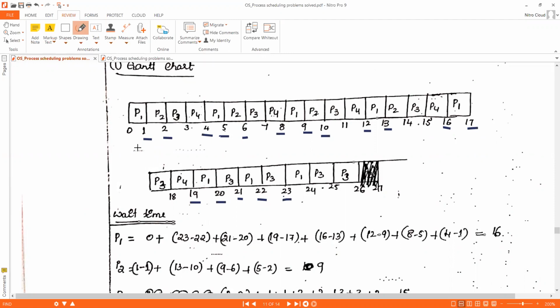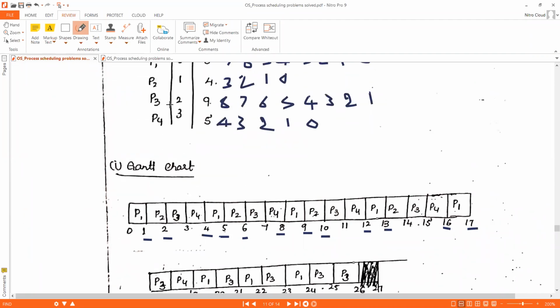Understood this? The first one we should write is the initial allotted time of process 2 minus its arrival time. Initial allotment of process 2 is 1, minus its arrival time, which is 1. 1 minus 1 is 0.